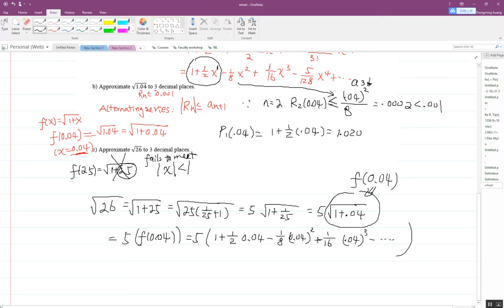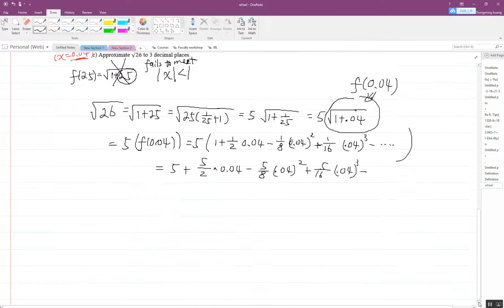Then you can distribute 5 into the series. So I'm going to distribute that into the series, and minus 5/8 of 0.04 squared, and so on and so forth, plus 0.04 cubed, minus.